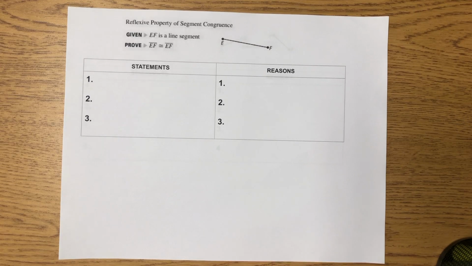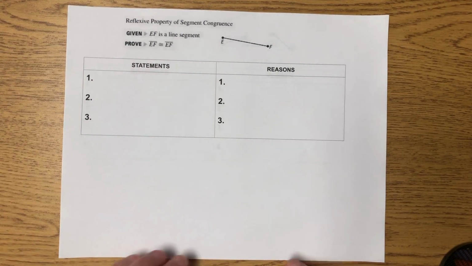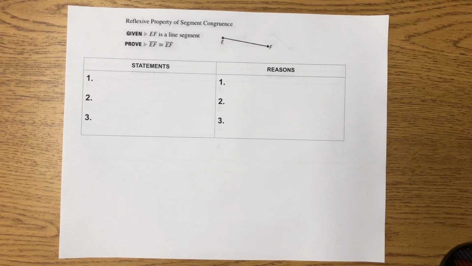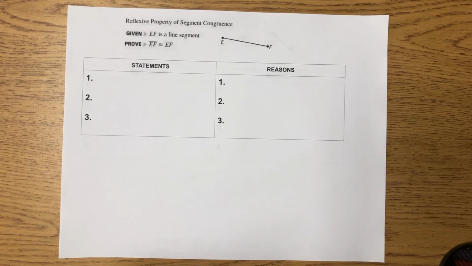So let's go ahead and go here. So it says that EF is a line segment. Okay, so they give us the line segment, and then they said that line segment EF is congruent to the line segment EF. Okay, so that is going to be using the reflexive property, but now we have to actually prove it.